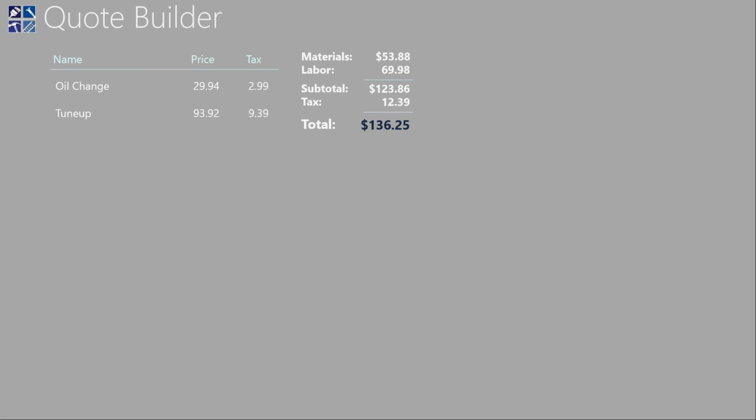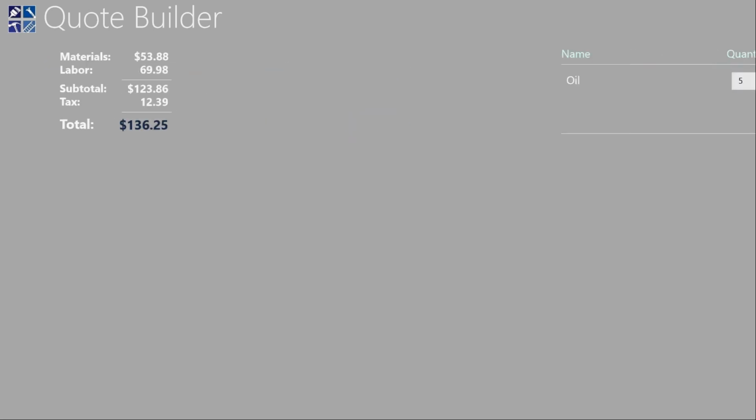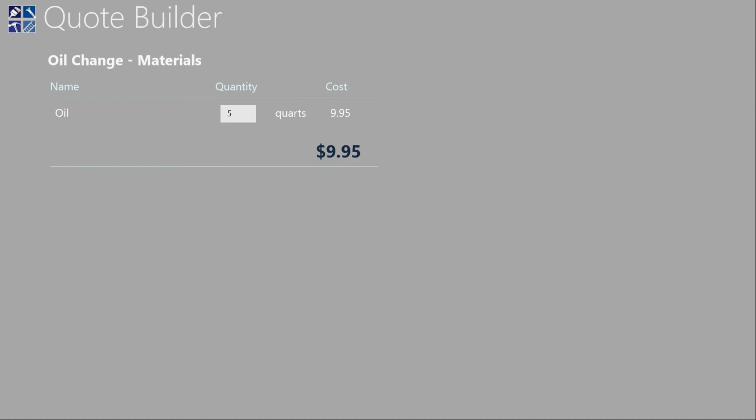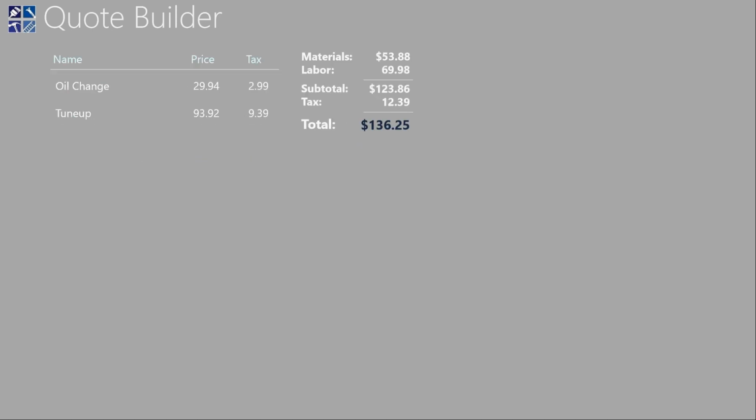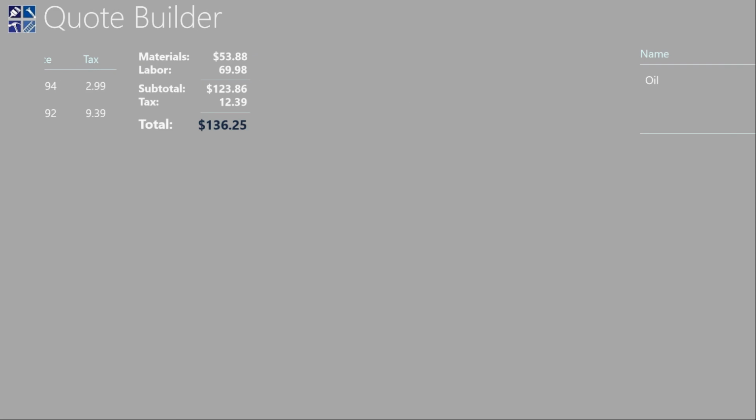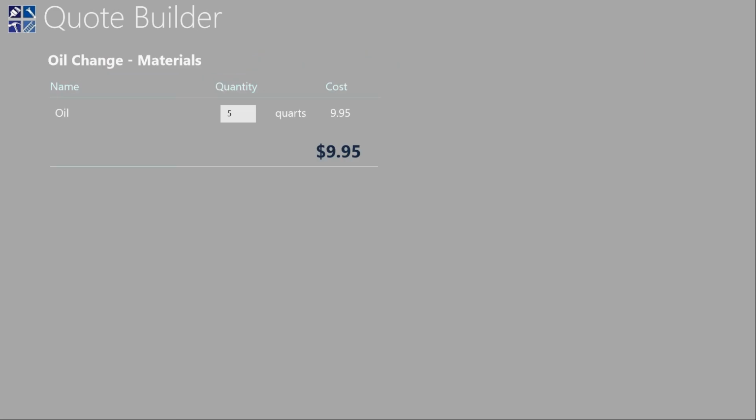Now, the next thing we do, and this is just a wizard, right? So simply just swipe. We now have an opportunity to make adjustments to our services. All right, so the first opportunity we have is to make an adjustment to the materials for an oil change. And so this one we can update to whatever, right?